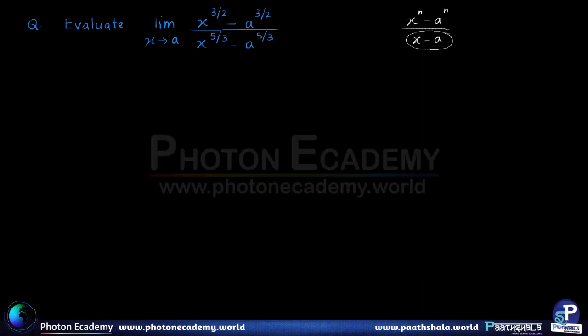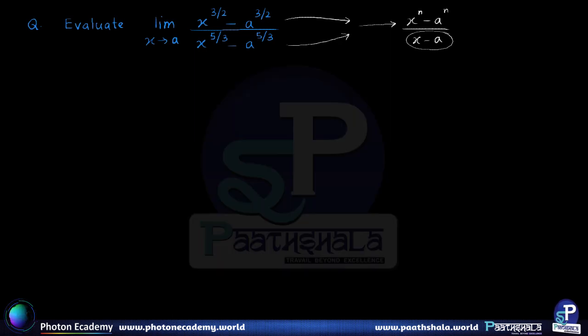Moreover, the numerator as well as the denominator are of the type x raised to n minus a raised to n. So the numerator and denominator both individually need the factor of x minus a below them in order to form the standard pattern.